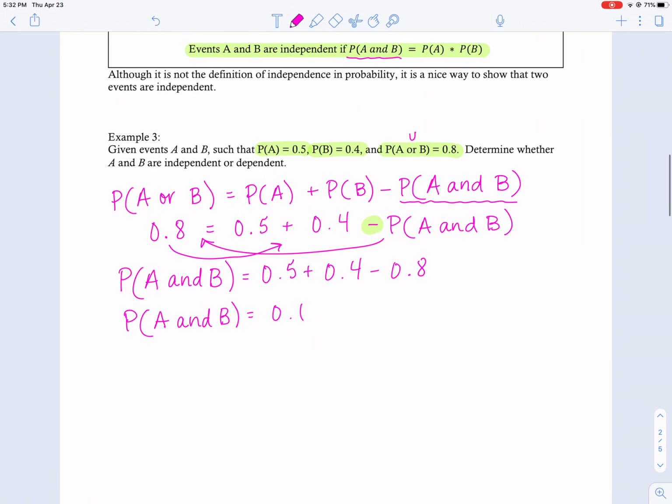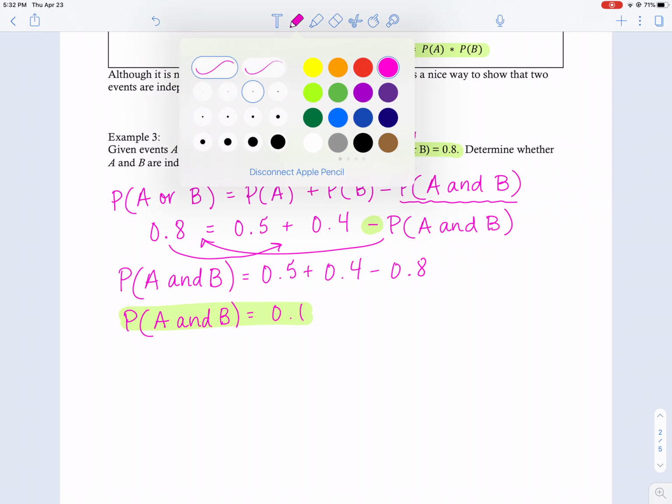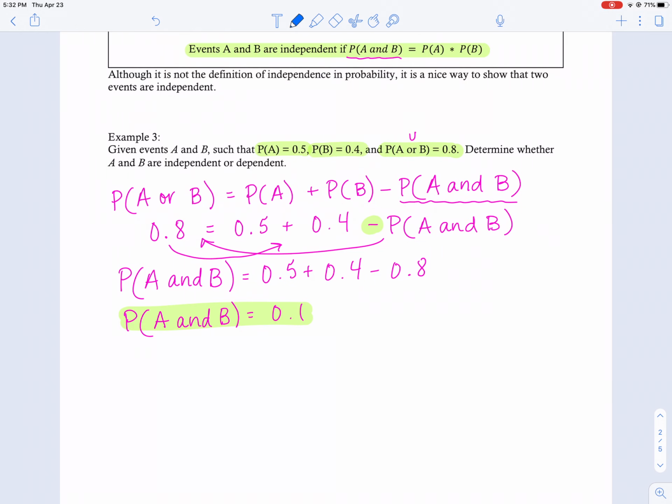Okay, so now that I know the probability of A and B equals 0.1, I can do an independence test. I could use that formula up top and say, okay, is the probability of A and B equal to, question mark, the probability of A times the probability of B? Well, we just figured out that the probability of A and B is 0.1.